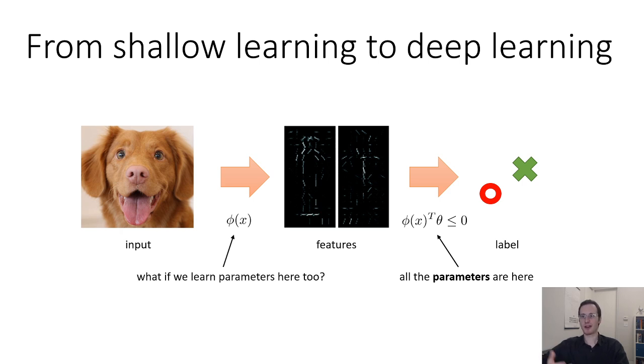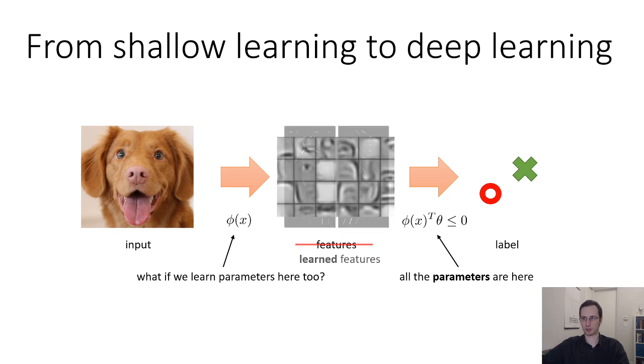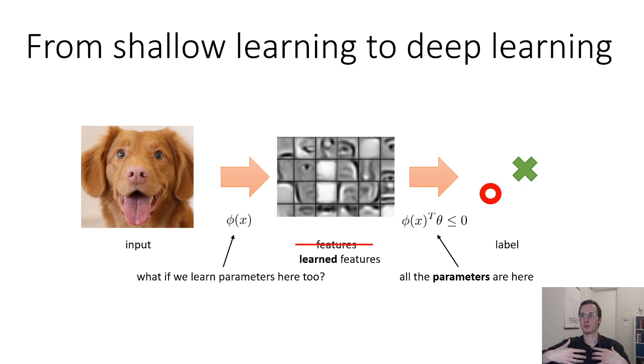What if phi of x is not just a function we coded up? What if phi of x itself has some free parameters? So then instead of manually programmed features, we have learned features. And the thing is, once we can learn the features automatically, we can put in many layers of features. And that's why it's called deep learning, because deep learning has many layers.